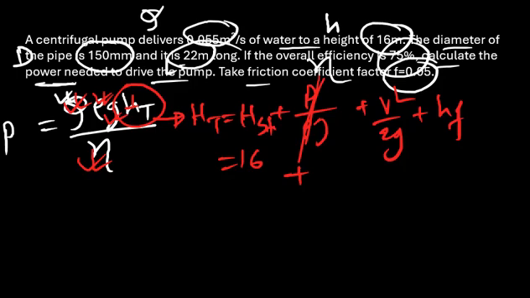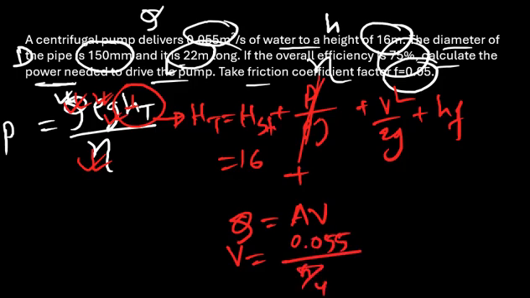We know Q, and Q equals A V, area times velocity. The diameter we know, so we can easily find the area. V equals Q, 0.055, divided by pi by 4 times D squared, which is 0.150 squared. Then we easily get the velocity: 3.11 meters per second.